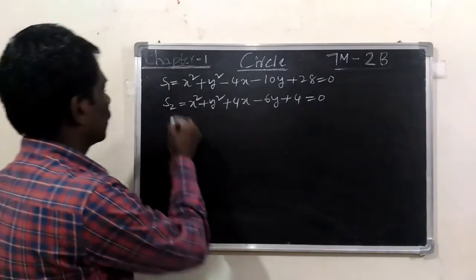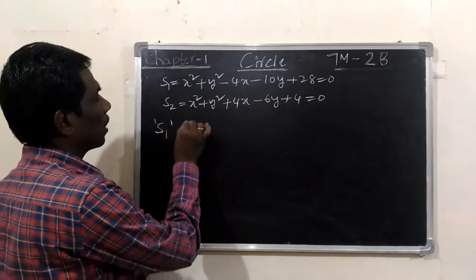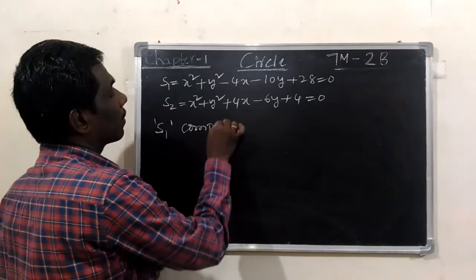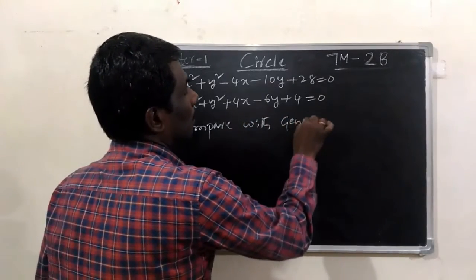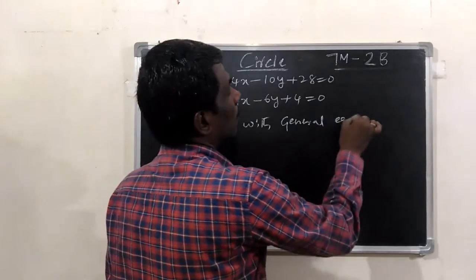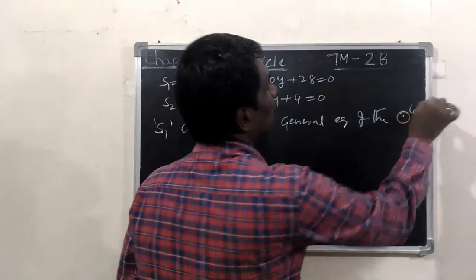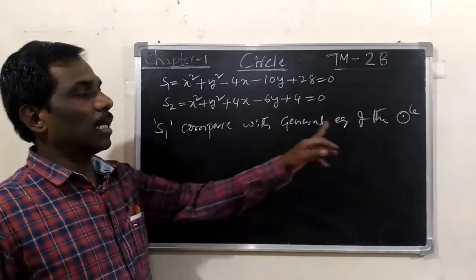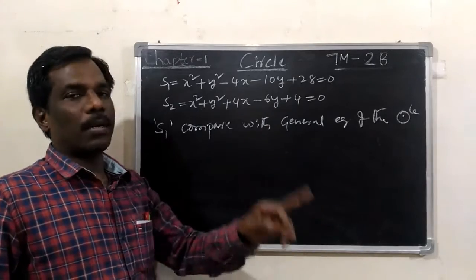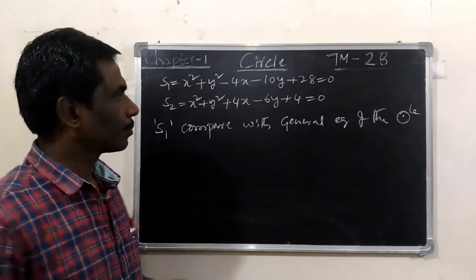Now this S1, the first circle, compare with the general equation of the circle. What is the general equation of the circle? x square plus y square plus 2gx plus 2fy plus c equal to 0.